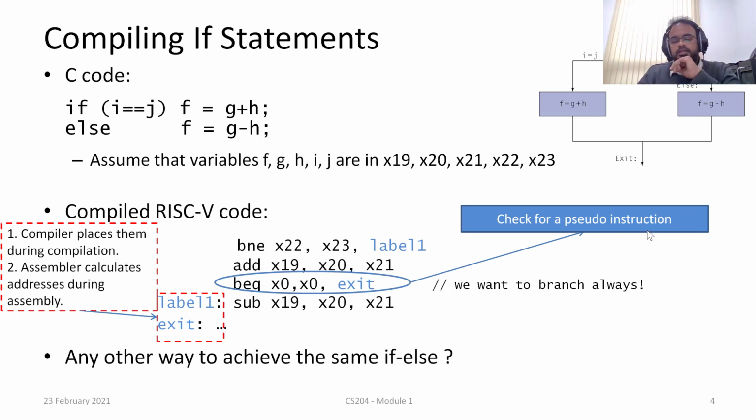The compiler is not bound to handle these pseudo instructions. They are not the standard RISC-V, they are just for convenience. So for BEQ x0 x0, we have a pseudo instruction. You can check that in the RISC-V reference datasheet that I gave you.